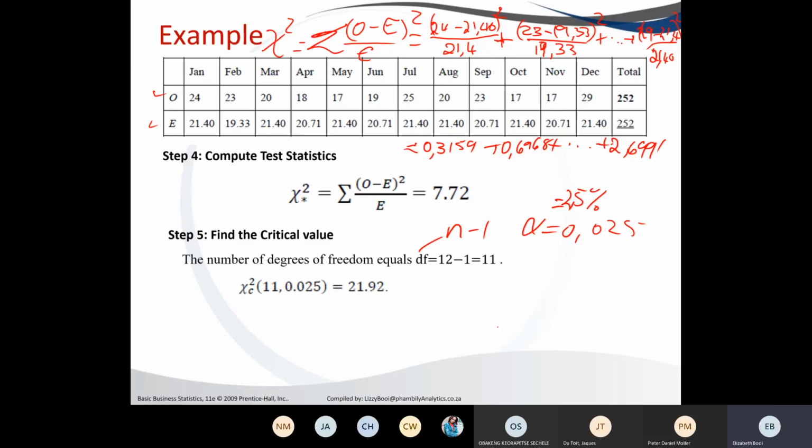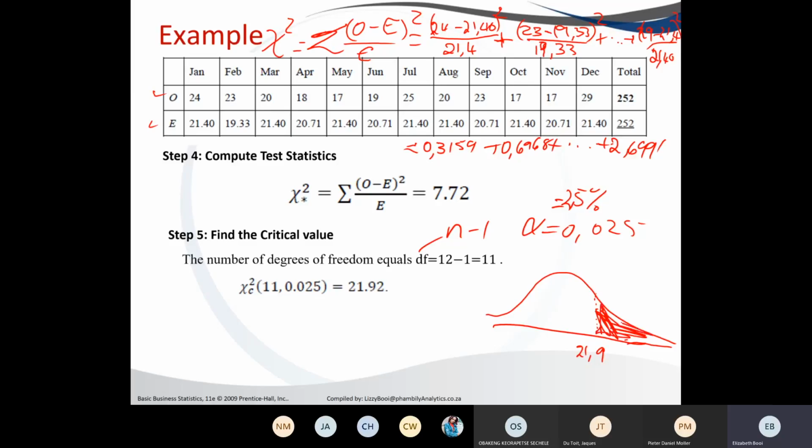And then we can draw, because it's a chi-square distribution, it is right skewed. So that is why my tail goes like that. And we can define our critical value and our region of rejection. So we know that our critical value is 21.9. It falls there.